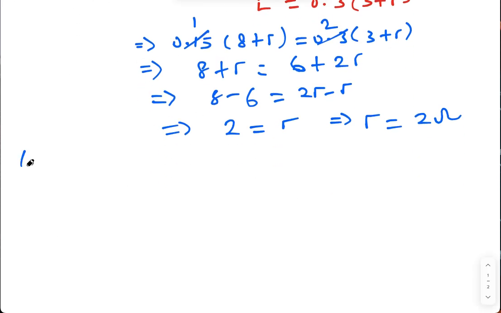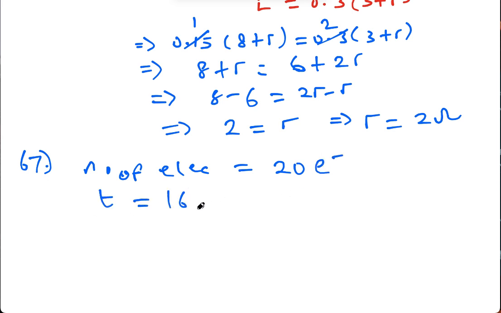And that's question 66. So for question 67, we have that 20 electrons flow through a conductor in 16 nanoseconds. So we have number of electrons: 20 electrons, and the time that they are flowing is 16 nanoseconds.